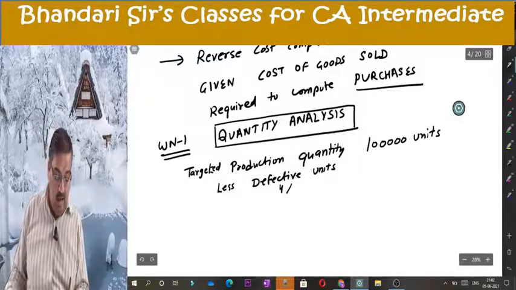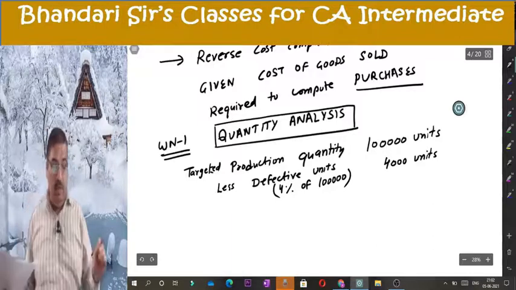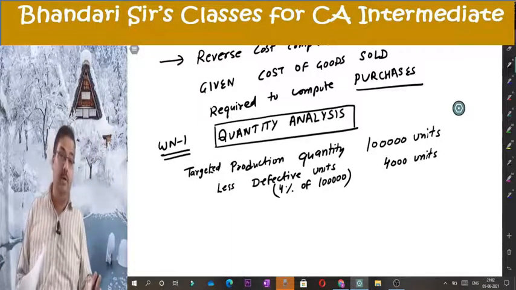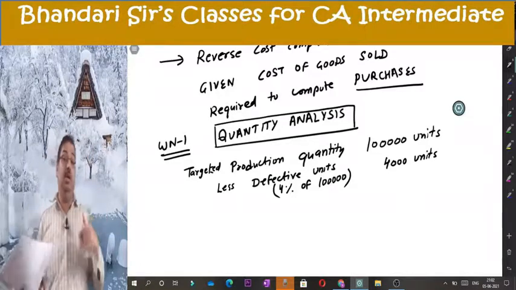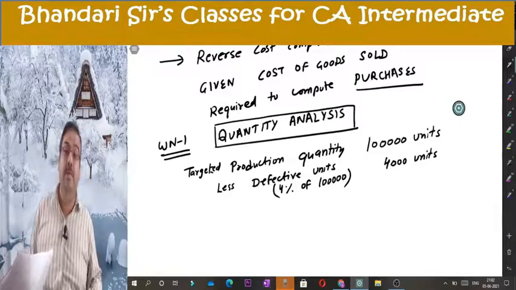Defective units are 4% of 1 lakh, 4,000 units. It will be sold as scrap at the rate of 61 per unit. So remember in cost sheet there comes one item, less credit for recoveries.